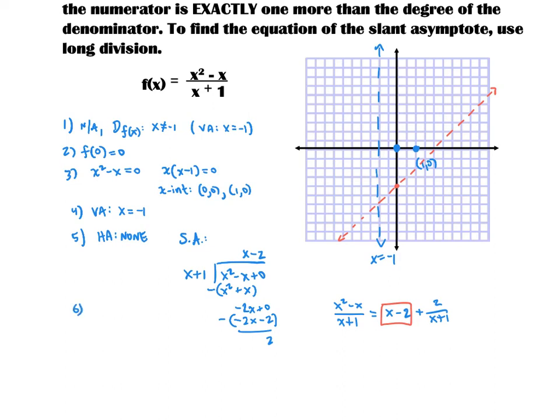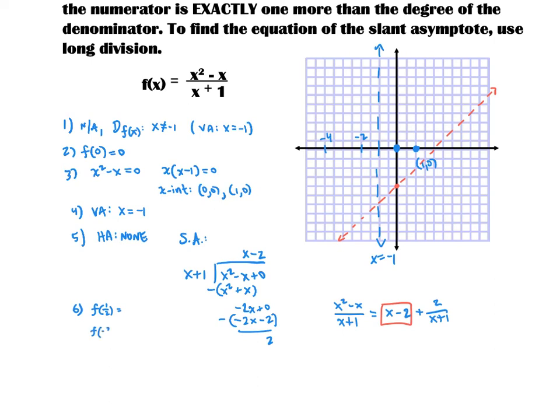All right, let's go. We've got these 2 points at (0, 0) and (1, 0). Let's see what happens in between them. Let's plug a 1/2 in there. So we'll find f of 1/2. And then let's find f of negative 2 and f of negative 4.